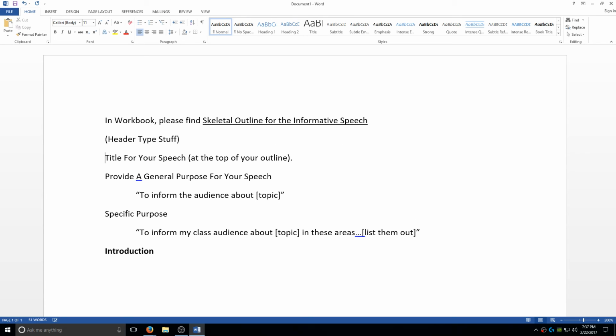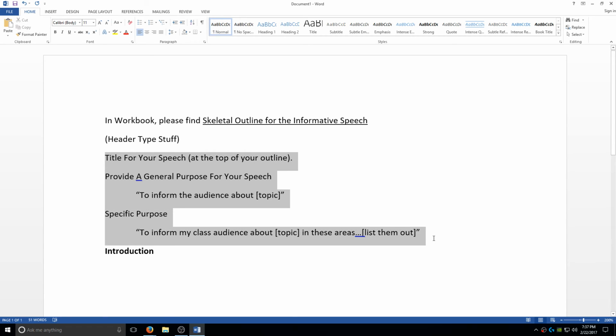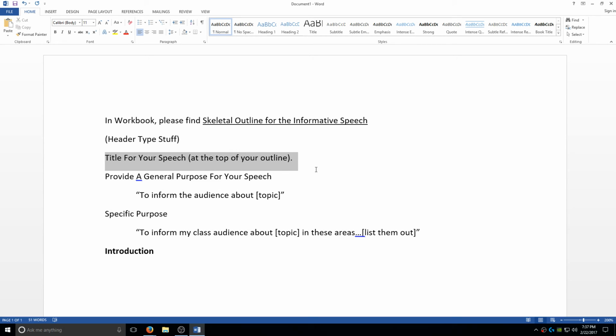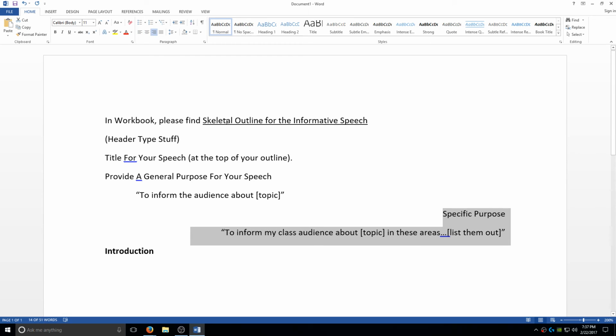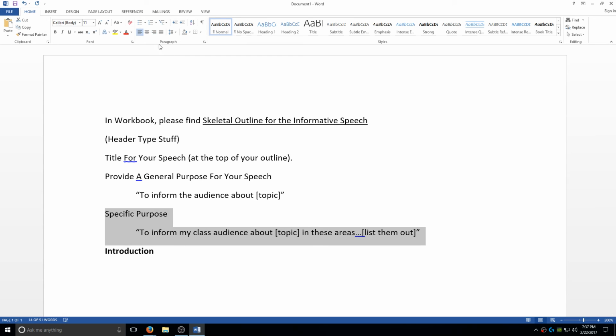All right, so I don't really care where this is located. If it's just like this, like you literally wrote it out, like I've written it out here, or if you have it set up so that the title is centered, or maybe you put this over here and this over here, trying to differentiate it visually.